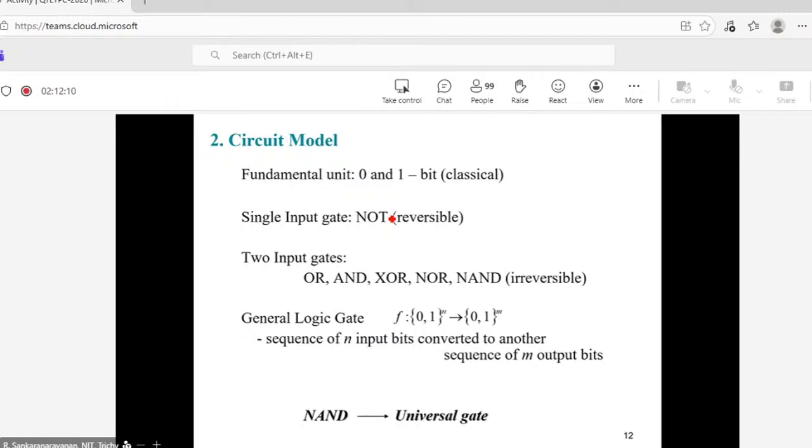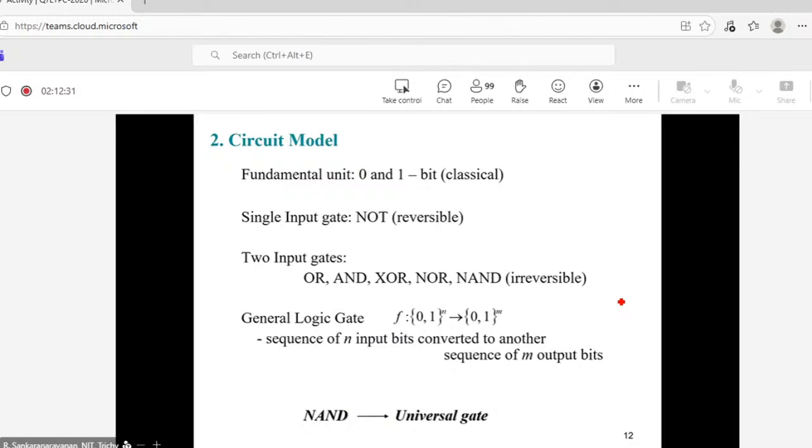With these fundamental gates, one can construct a variety of logic gates. Here I have given a mathematical representation of a general logic gate. A sequence of zeros and ones will be transformed into another sequence of zeros and ones. Such an operation we call a general logic gate.